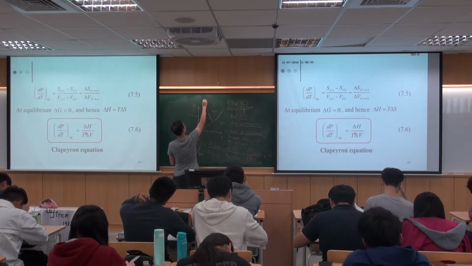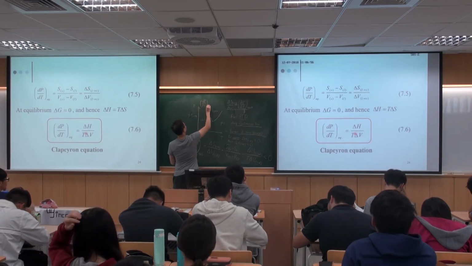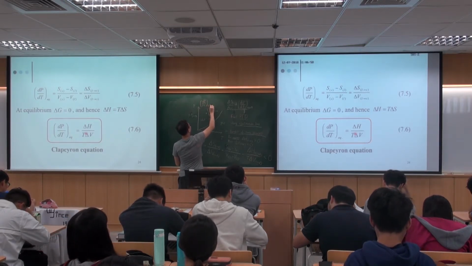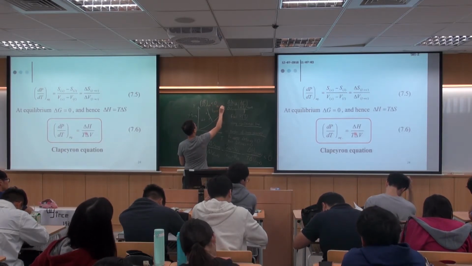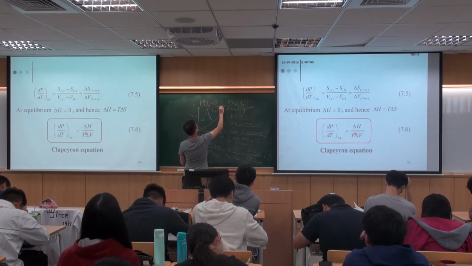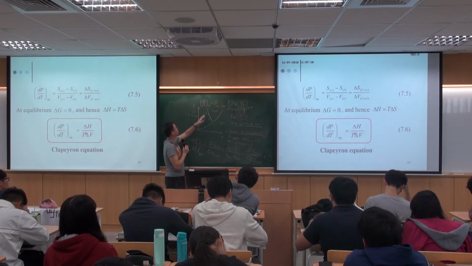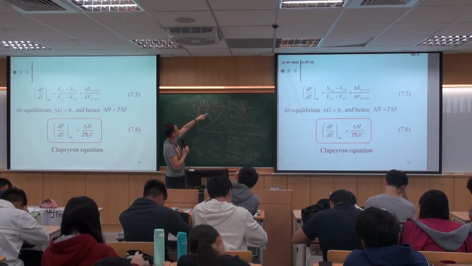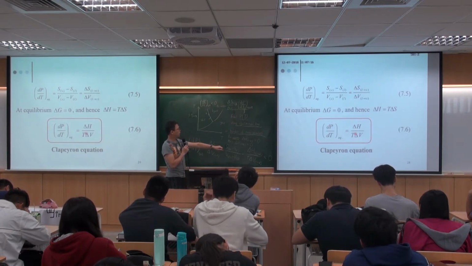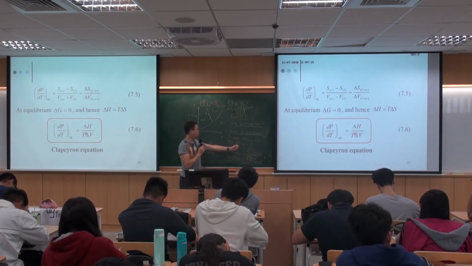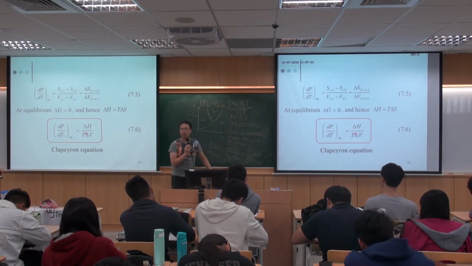So here, along this line, the slope will be negative. dP dT, which is the slope of this borderline, should be negative because we have this molar volume change from solid to liquid phase being negative.